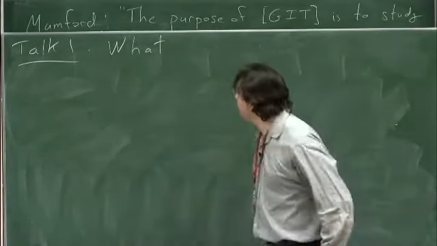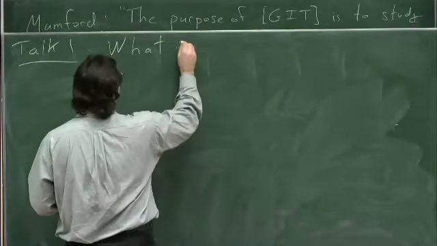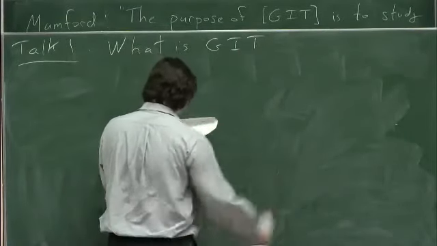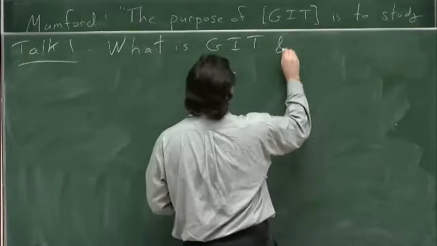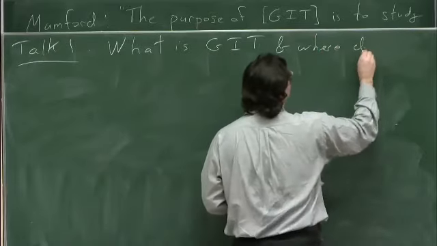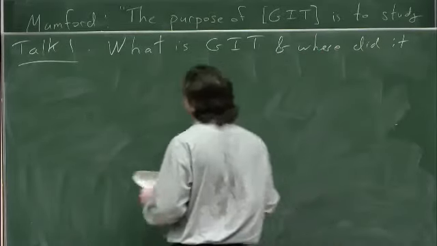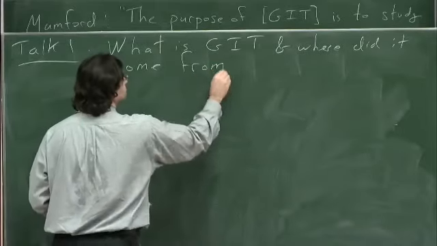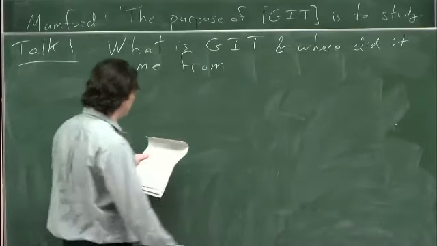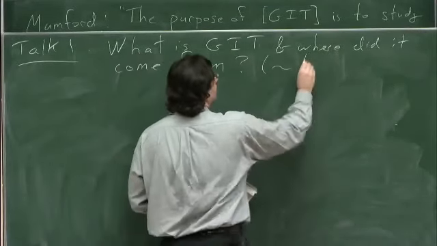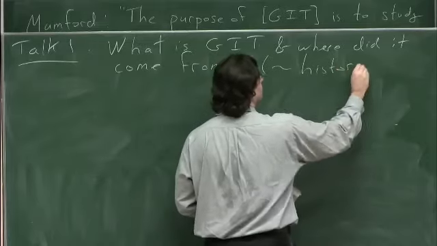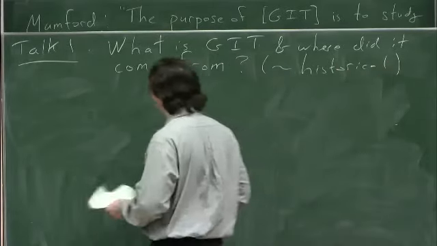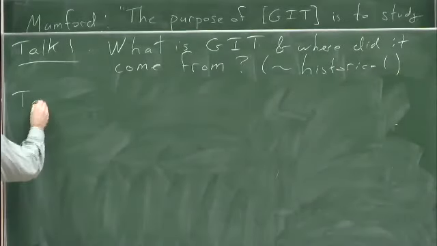People haven't necessarily studied the subject, so what is GIT, and where did it come from? So it's a subject with extremely deep roots in the history of algebraic geometry, and it's important, I think, to appreciate that, to really understand it. So by necessity, this talk is going to be somewhat historical.